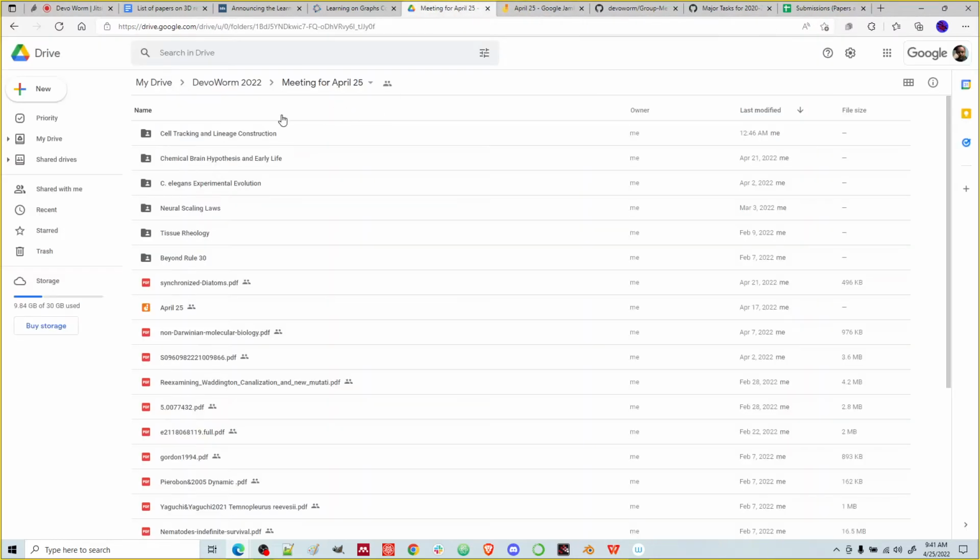So I know we've talked about cell tracking and lineage construction, and this kind of goes back to some of the stuff that we've talked about with graph neural networks, but it applies to other things. And last week I covered the data that we have. So we have a lot of data that's available for embryos.